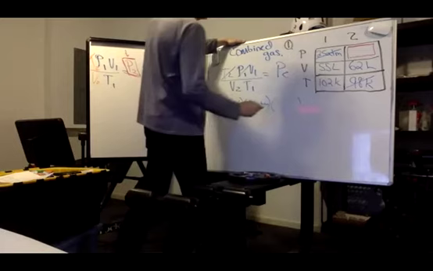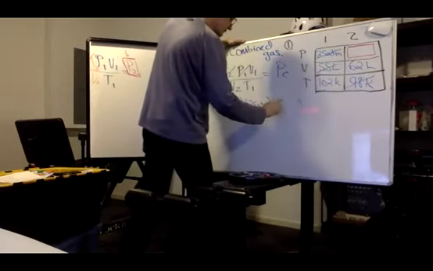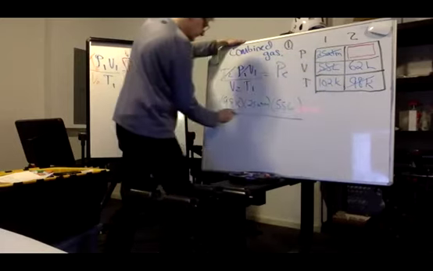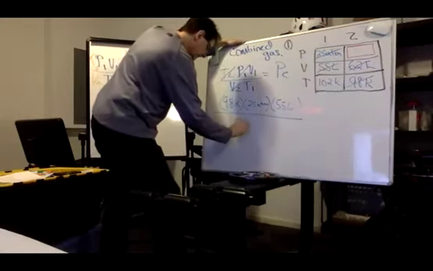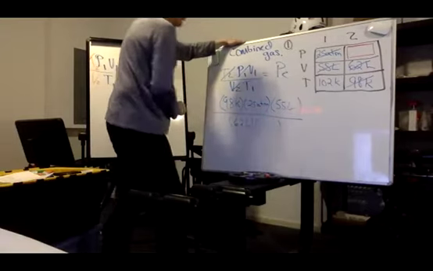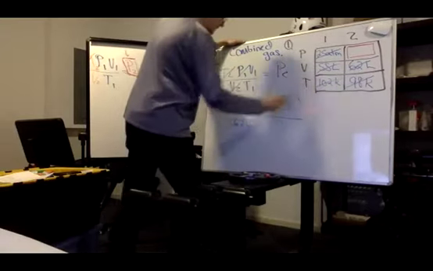And V1, 55 liters. V2, 62 liters. And T1, 102 K.